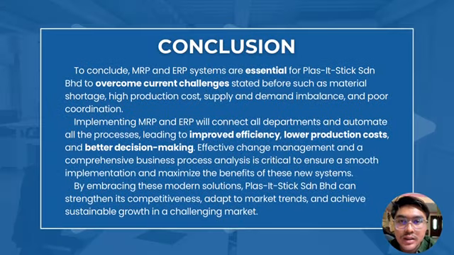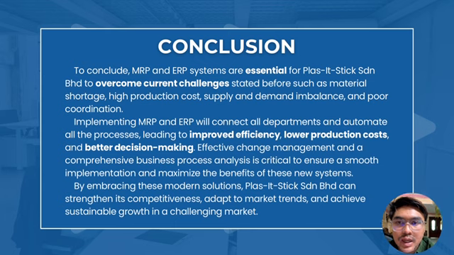Last but not least, a conclusion. To conclude, MRP and ERP systems are essential for Plastik Sendirian Berhad to overcome the current challenges stated before, such as material shortage, high production costs, supply and demand imbalance, and poor coordination.